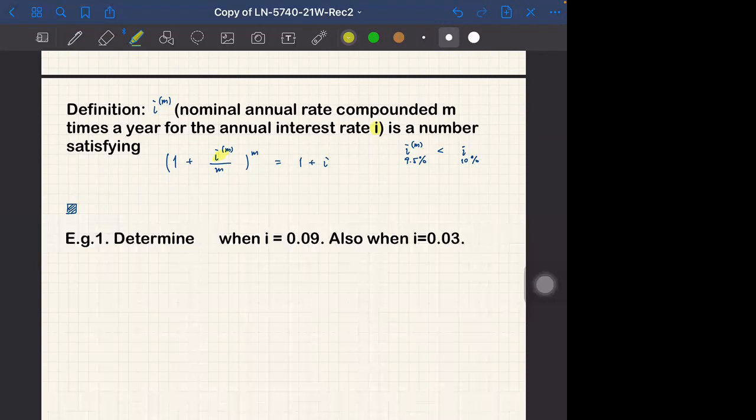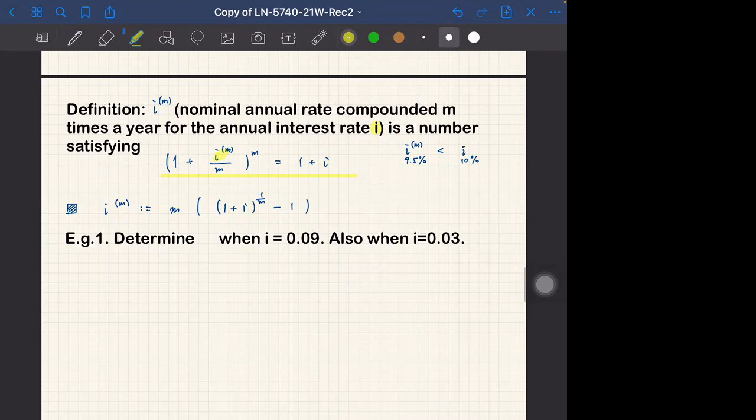So i superscript m is equal to m times ((1 + i) to the 1 over m's power minus 1). But if we directly define it this way, the meaning of i superscript m isn't clear, so I define it as this. The left-hand side compounds m times a year, the right-hand side just once a year.